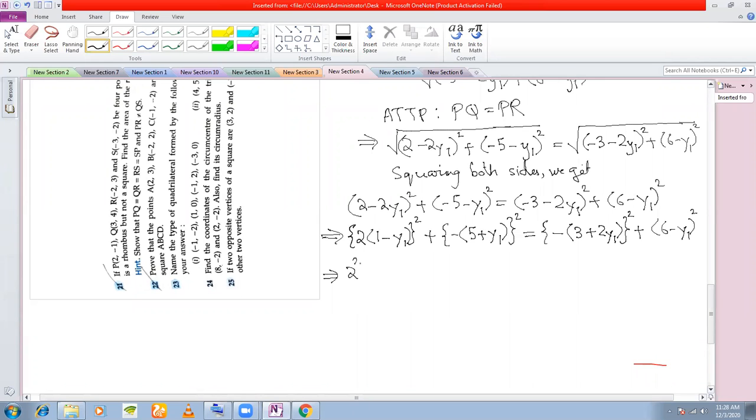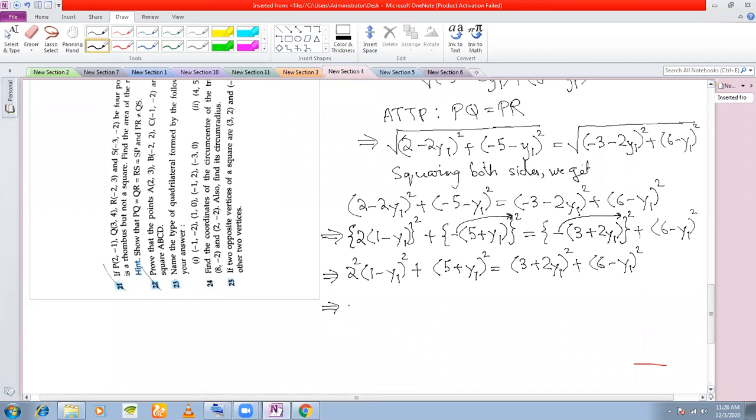So now this becomes 2 square into (1 minus y1) square, plus, again minus has been raised to an even power here, that means this minus becomes a plus, so this means (5 plus y1) square. Again minus has been raised to an even power, so this becomes (3 plus 2y1) square plus (6 minus y1) square.